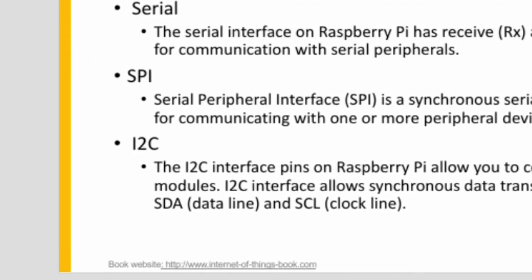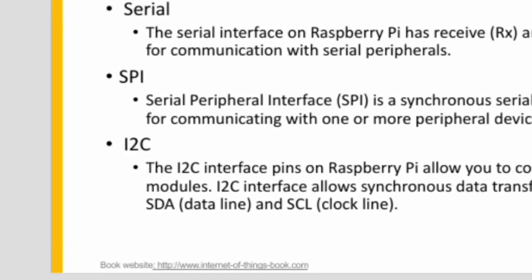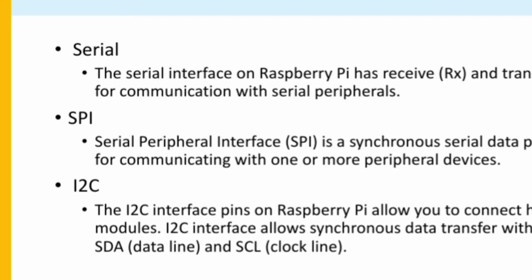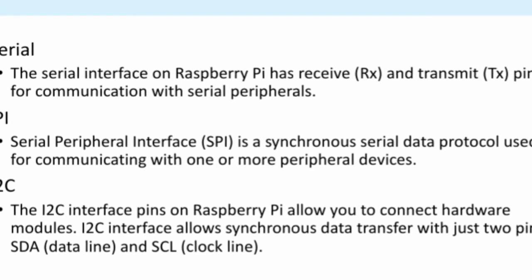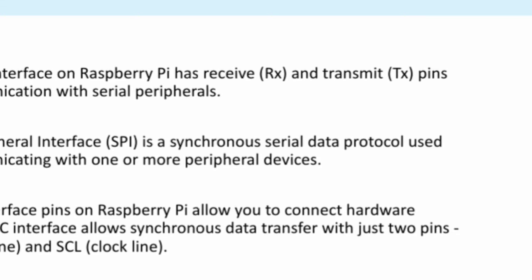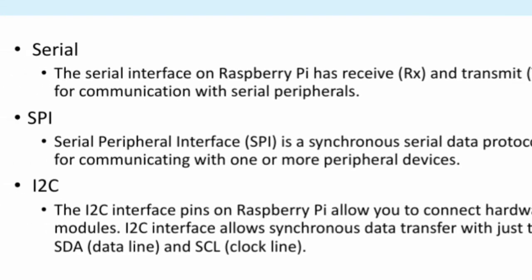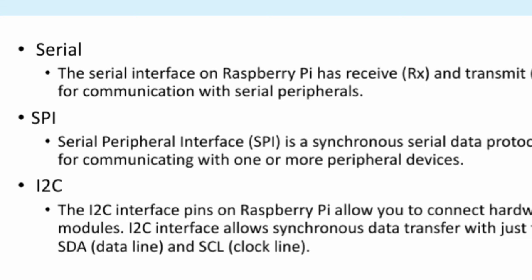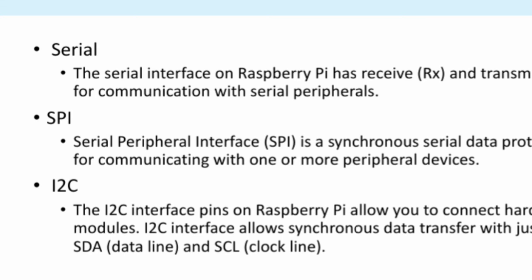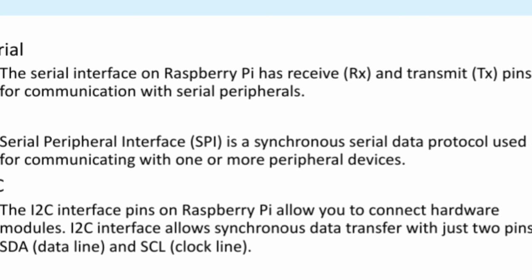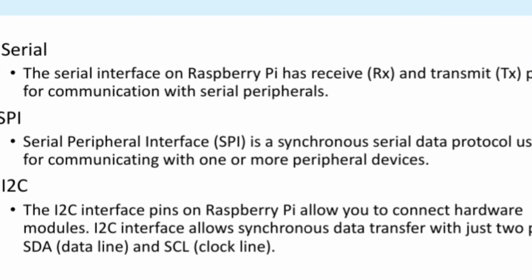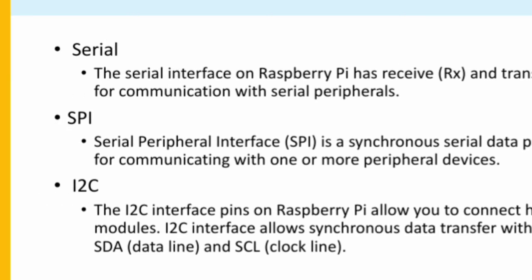Raspberry Pi interfaces. Serial: the serial interface on Raspberry Pi has receive and transmit, or RX and TX, pins for communication with serial peripherals. SPI, Serial Peripheral Interface, is a synchronous serial data protocol used for communicating with one or more peripheral devices.